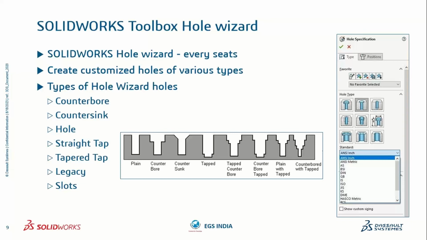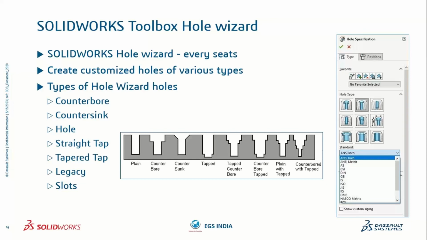Why do we want to use this Hole Wizard instead of creating holes using the revolve cut or extrude cut method? If we create holes with revolve cut or extrude cut and then add toolbox library components, it will recognize them, but it shows all the components and we need to choose which one is perfect for the hole we created manually.